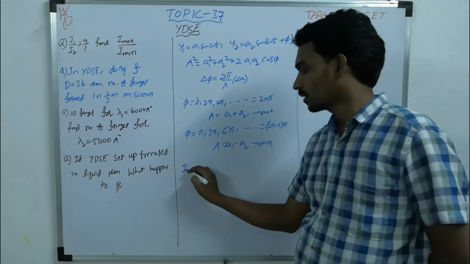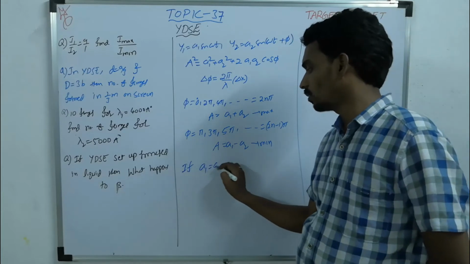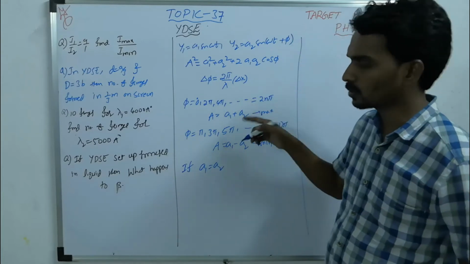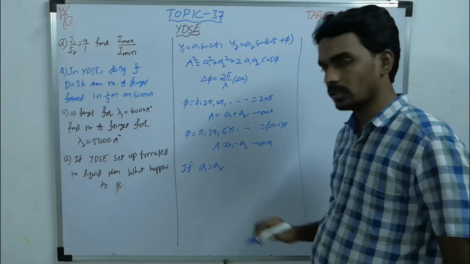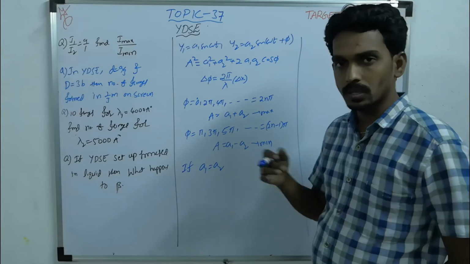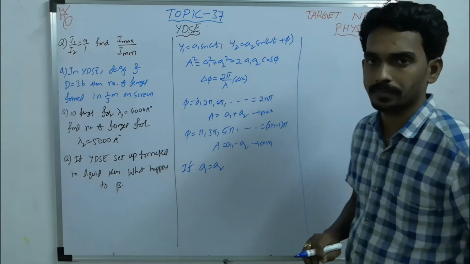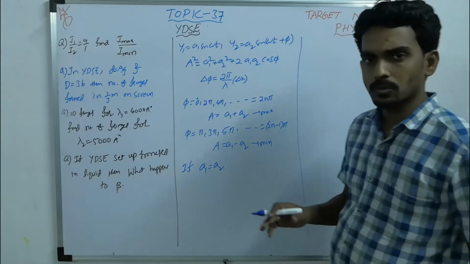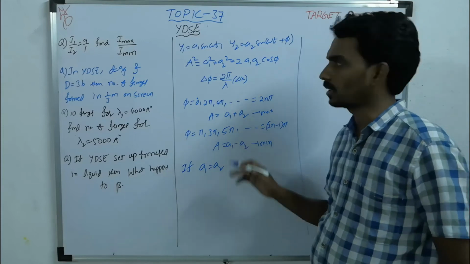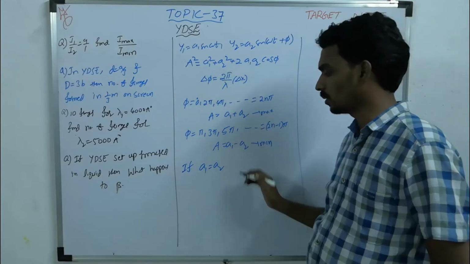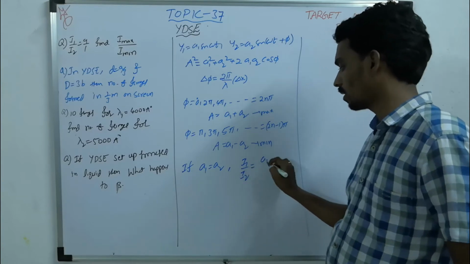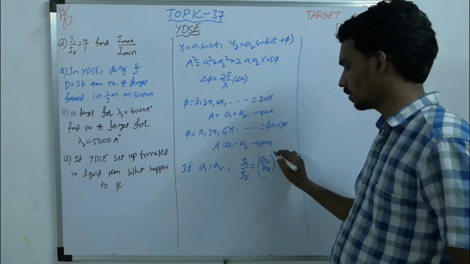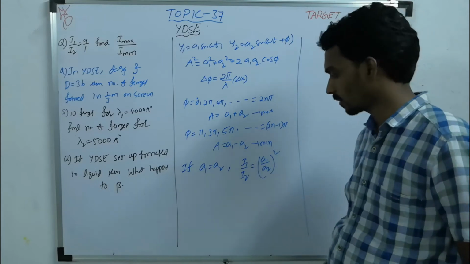And if A1 equals A2, see this is like the superposition principle. If A1 equals A2, then the superposition we call interference. So whether it is superposition or interference, in general if you consider two intensities, the intensities are directly proportional to amplitudes squared, so I1 by I2 is A1 by A2 whole square.